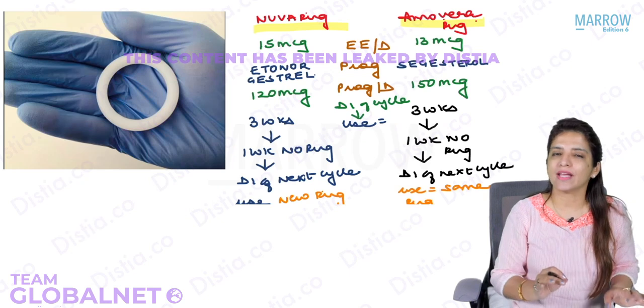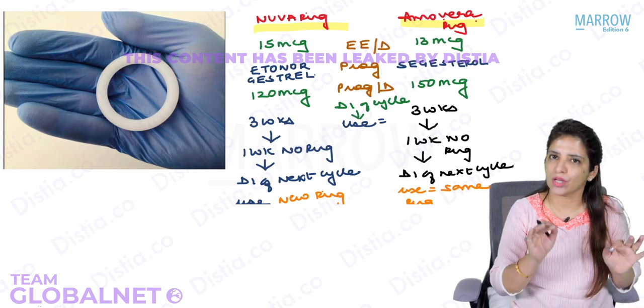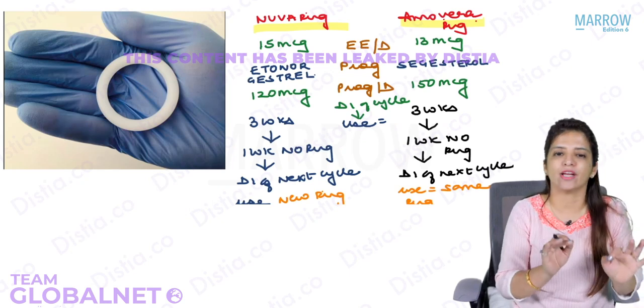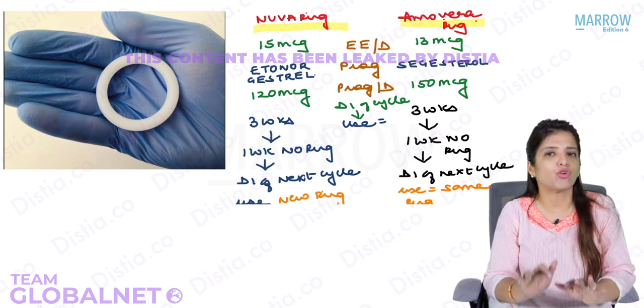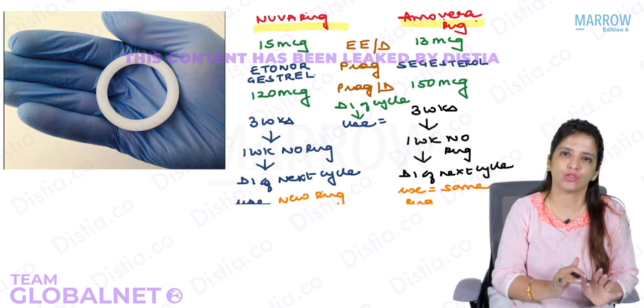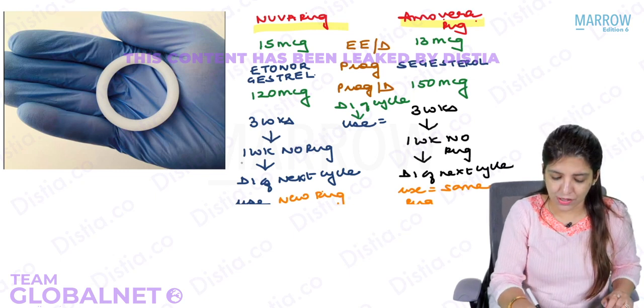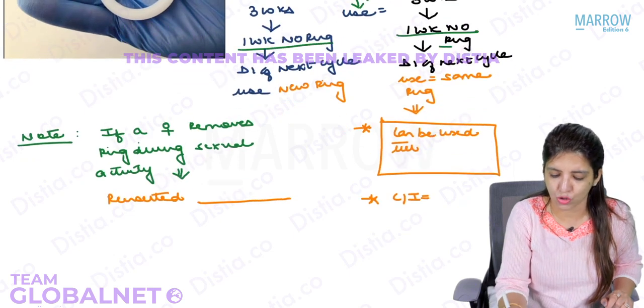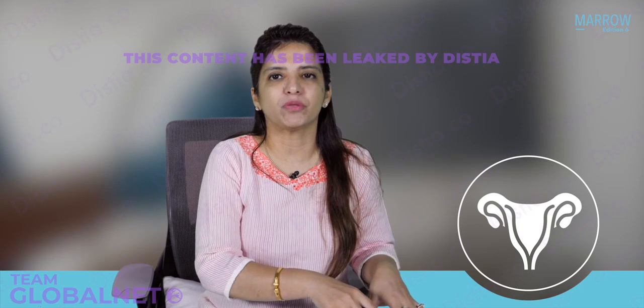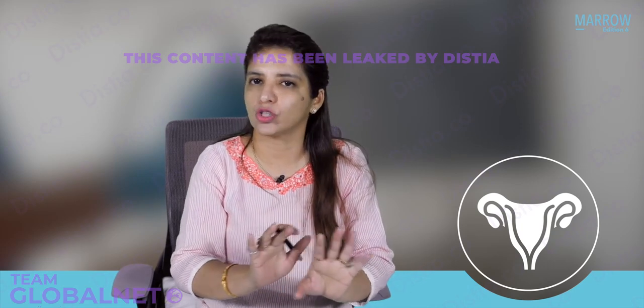Once the ring has been inserted, this ring has to be there in the vagina for 3 weeks, whether it's a Nuva ring or Anovera ring. The same ring has to be there in vagina for 3 weeks. After 3 weeks, the ring is removed. So for 3 weeks, the ring has to be there. For 1 week, the ring is not to be there.